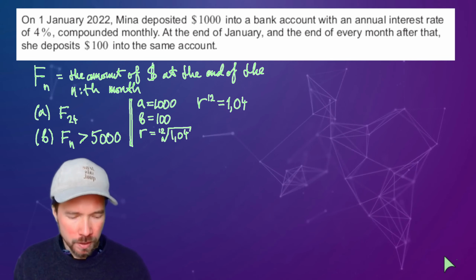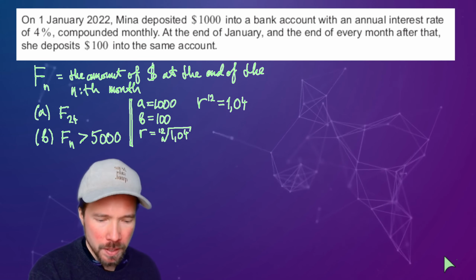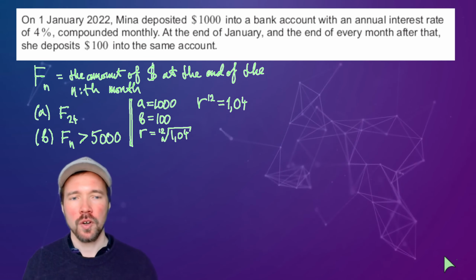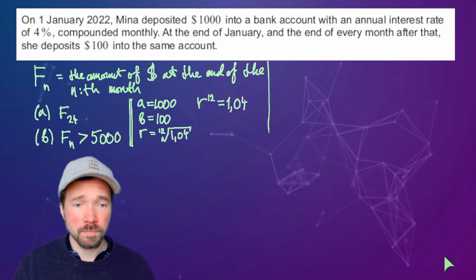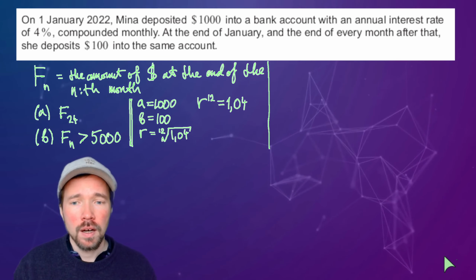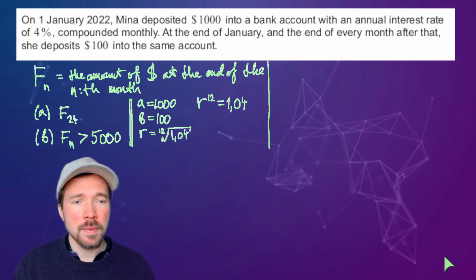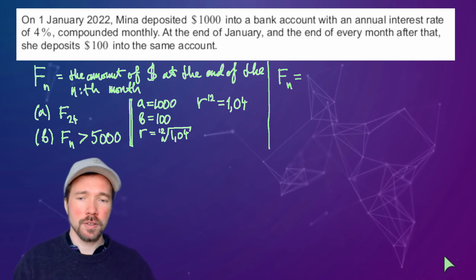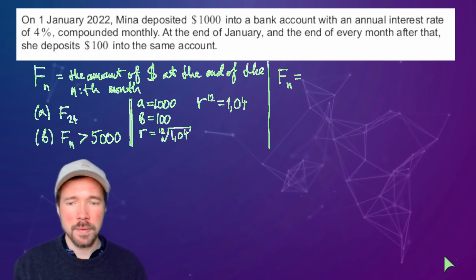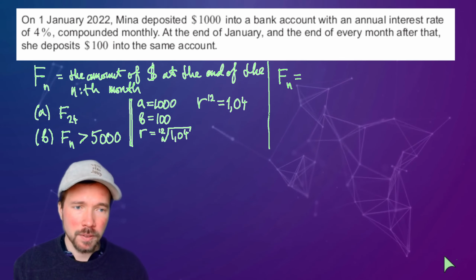So let me try to write a formula for how much money is there after the nth month. First of all, how many times has this initial deposit of 1,000 compounded?